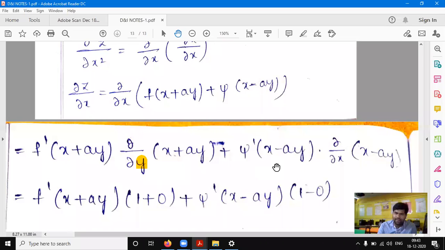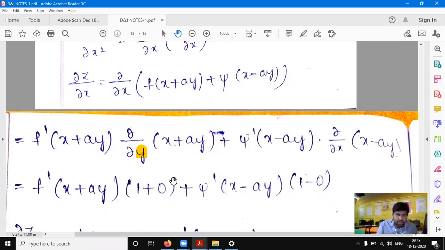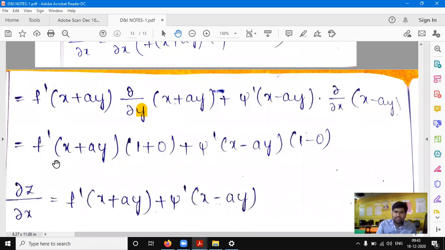Because a different term is there and not only x, we have to differentiate only this term, but in place of x, x − ay is there. So again we differentiate this term with respect to x.